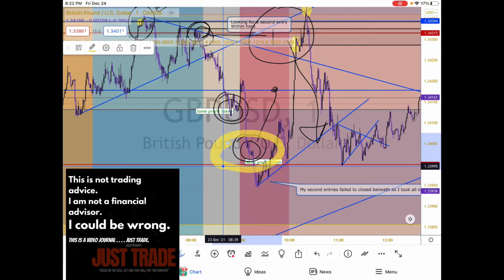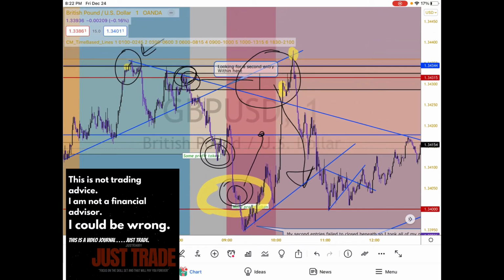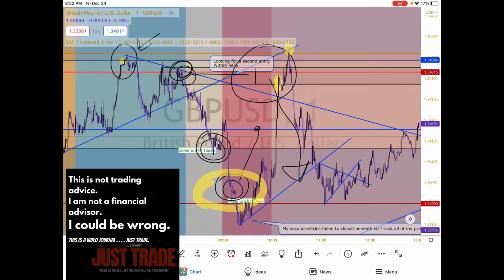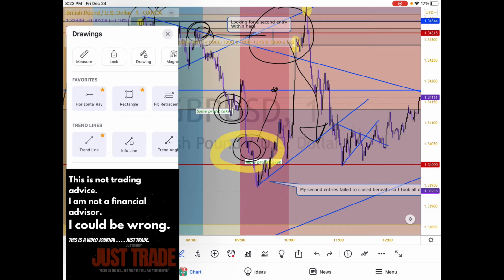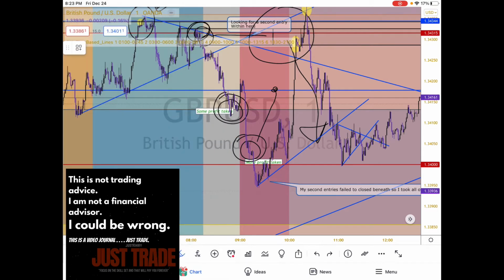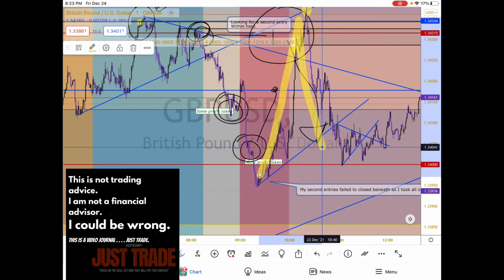I took them all right there. Then I was still at work, and like I said, I was waiting for price to make a move back up here to retest this so that I can take another sell. And I anticipated going all the way down to here. However, it did not do that.